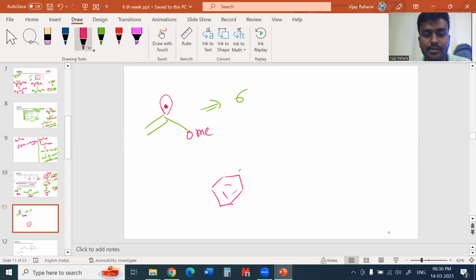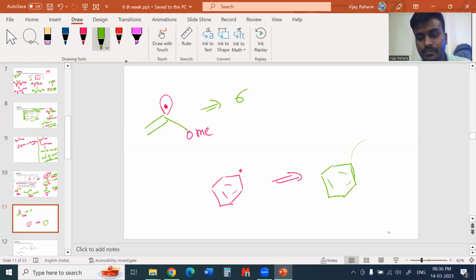If you see the phenyl radical, this radical is in the perpendicular plane, right? So this one is the sigma radical. Like this, we can solve such questions.